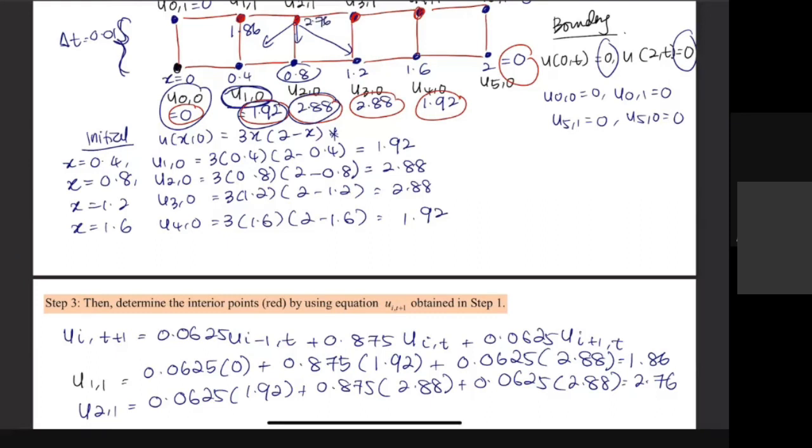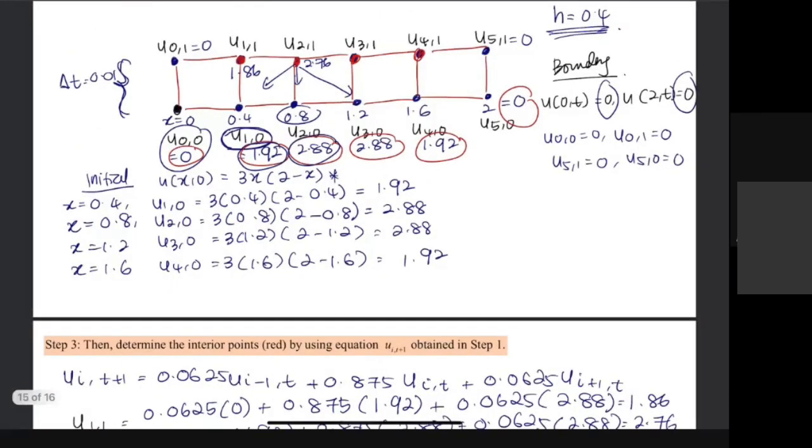Next for U31, you will use just 3 points.